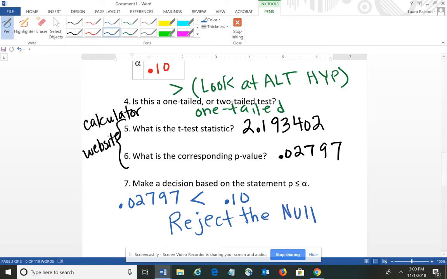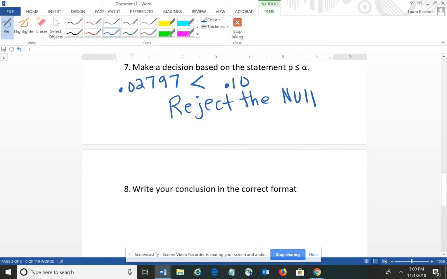And then in the last step, we write our conclusion. Again, you have to think about how to write it. You always want to include your significance level.